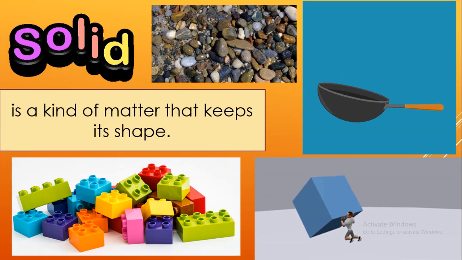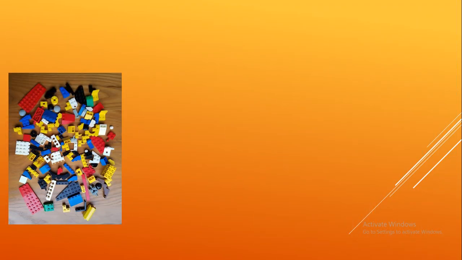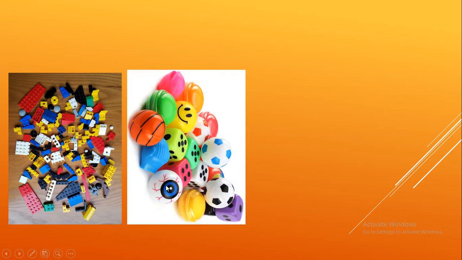Now, when you mix different kinds of matter together, like this picture here, these are a mixture of Lego bricks. This is a mixture of toys. As you can see, we have balls, we have dice, we have this creepy eye. All these toys are forming a mixture.